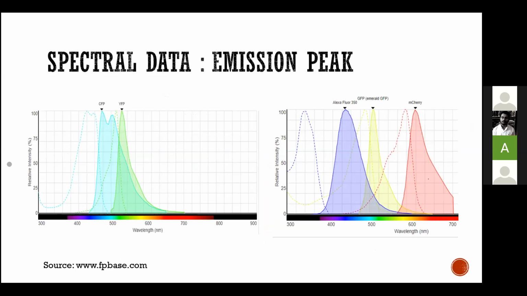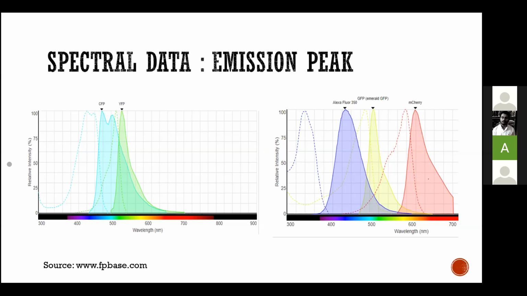As you remember, the calmodulin biosensor had only one EGFP. It was not a FRET pair. So essentially you're not using two emission peaks or the spectral data. By that I mean you can only use GFP here, shown as emerald GFP. So you can use only one protein to show one kinase.